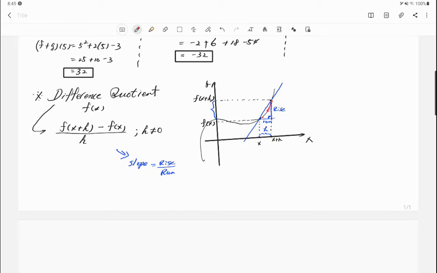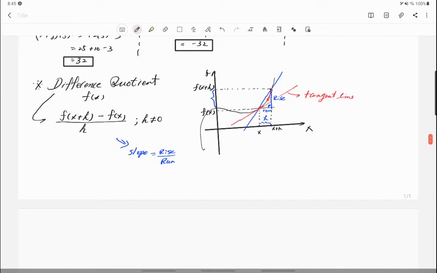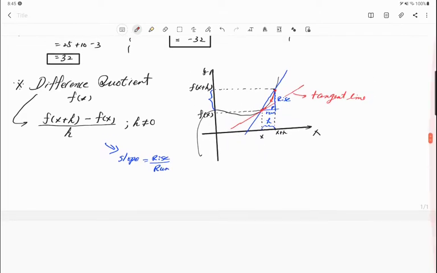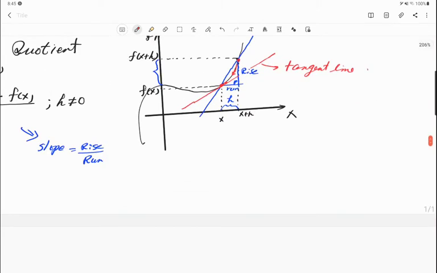Once we connect these two points, that is almost a tangent line, right? We call it a tangent line at this point, when x equals x and the y is f of x, right?